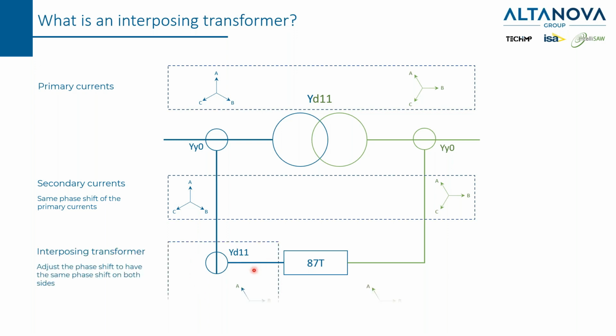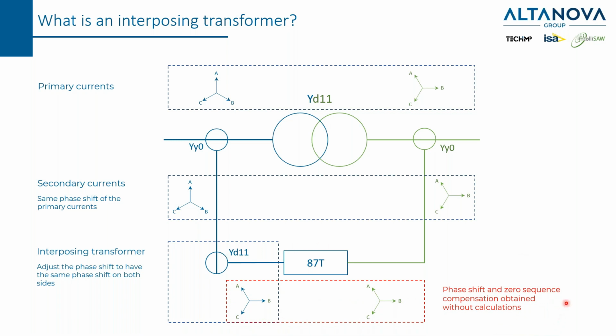So putting in series an interposing transformer with a specific delta connection of the secondary side, then you are applying a phase rotation. Okay, so this is the reason why that parameter exists, to exclude the automatic calculation.